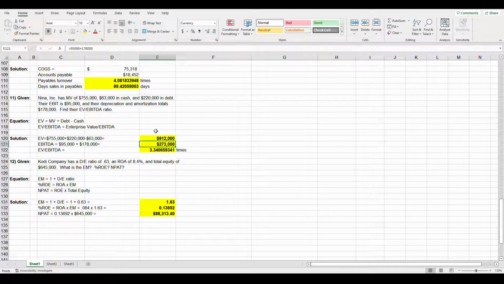My EBITDA off the income statement is EBIT of $95,000 plus DA, or depreciation and amortization, of $178,000, and I get EBITDA of $273,000. And my enterprise value to EBITDA ratio is cell E120 divided by cell E121, and I get 3.34 times.